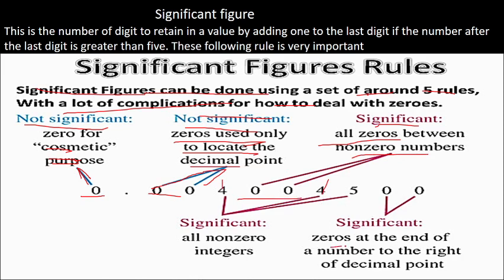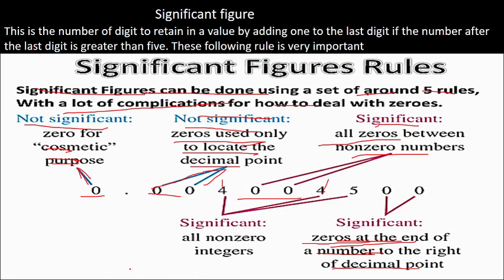And a 0 after a non-zero value, a 0 at the end of a number to the right of the decimal point, any zero to the right of the decimal point is also significant. Any 0, I repeat, zeros at the end of a number to the right of the decimal point.